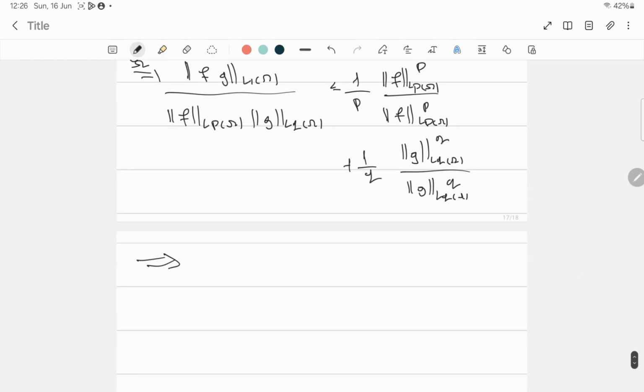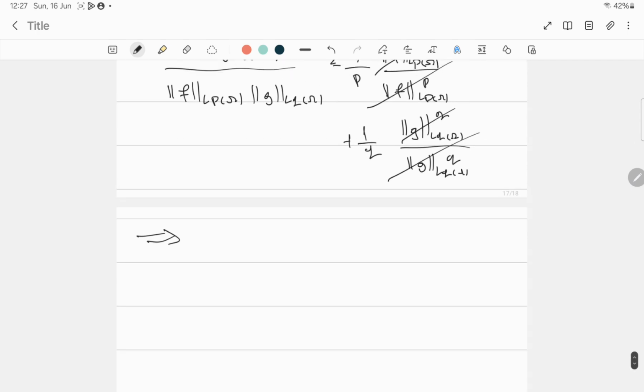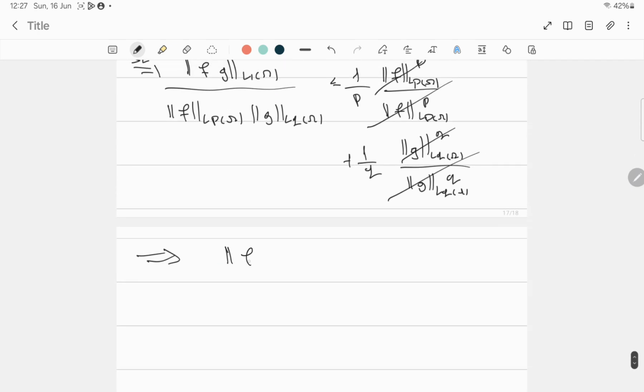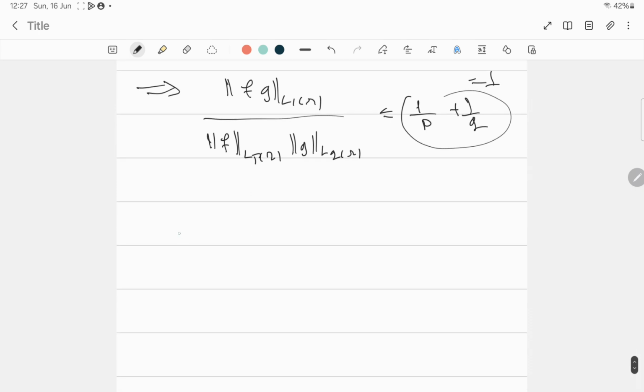Of course, now we notice that at the right hand side we can simplify the p and the q norms. So we have the L1 norm in the numerator over the product of the two norms of the functions f and g, and at the right hand side we have 1 over p plus 1 over q. But this one is equal to 1.